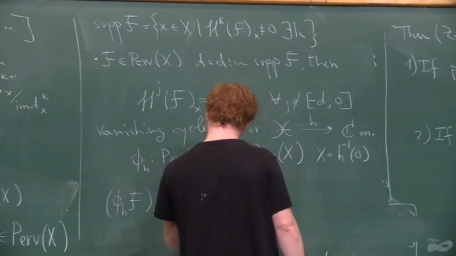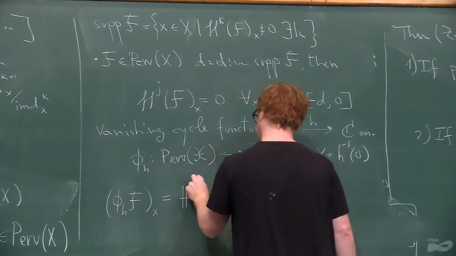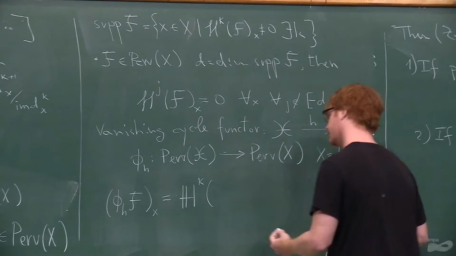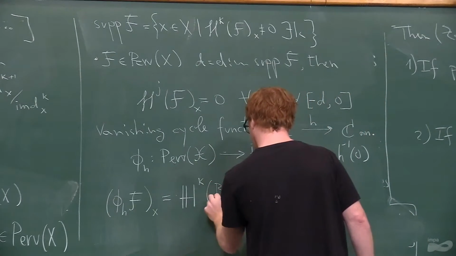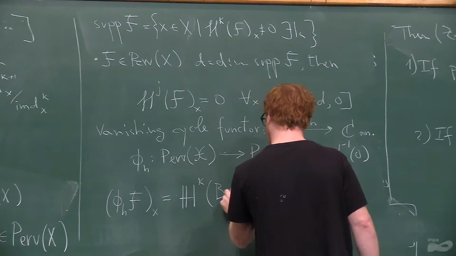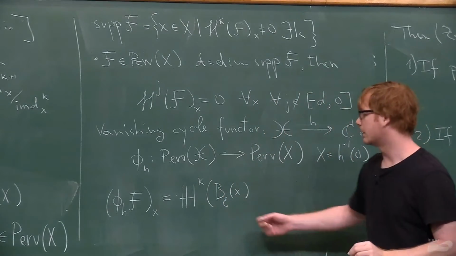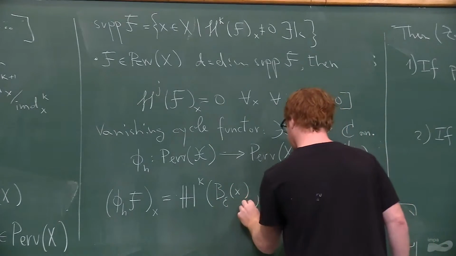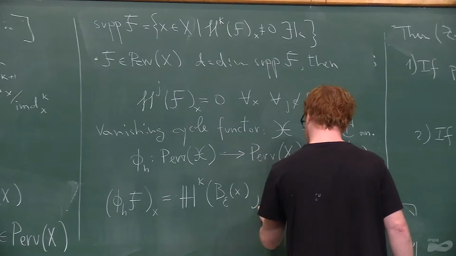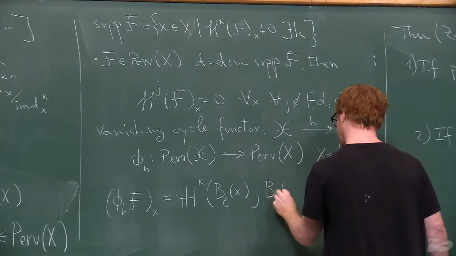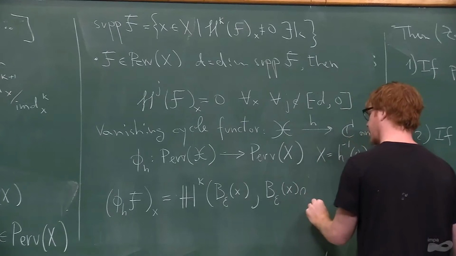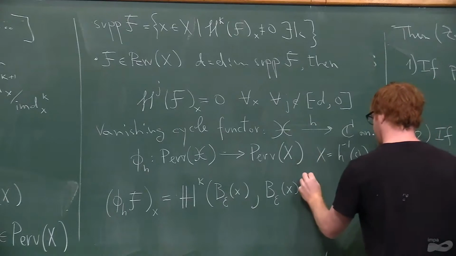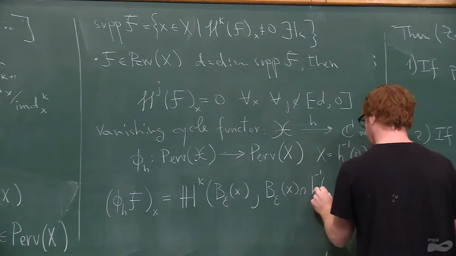It is going to be the relative hypercohomology, which I didn't define, but so you will take a small ball of radius epsilon on X, and then you will take the same small ball, but intersected with a fiber near the origin.